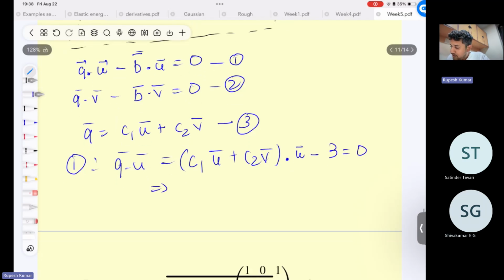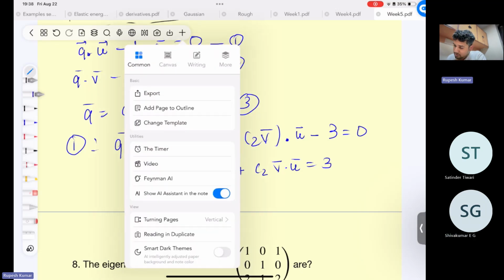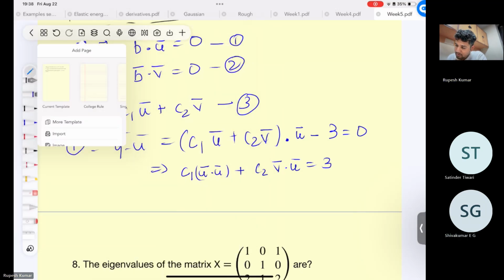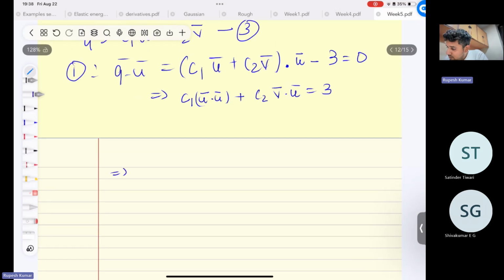Now from here we can say c1 dot u will be c1 into 1, since u dot u is essentially 1, plus c2 into v dot u is equal to 3. Let me add a page. This gives us c1 plus v dot u into c2 equals 3.